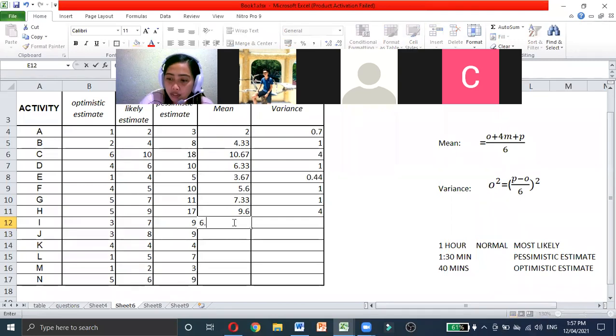The mean is 6.67, and the variance is 1. Okay. Next, the mean is 7.33 and the variance is 1. How about K? The mean is 4 and the variance is 0. Okay, L?